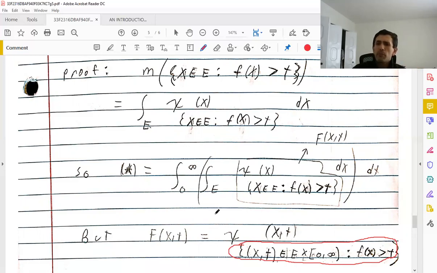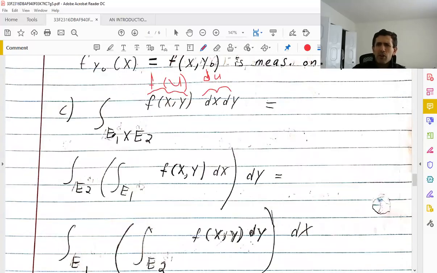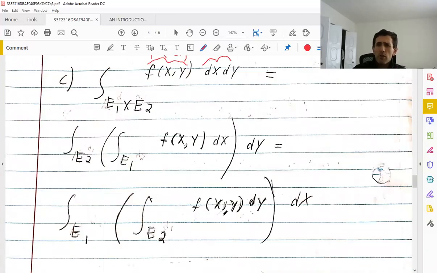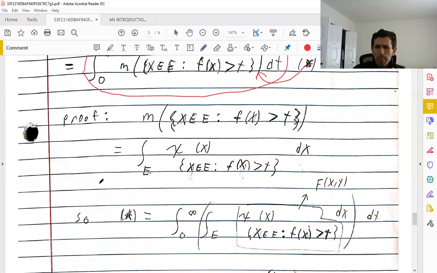We can use Fubini's theorem here. In particular, we don't even really care about this integral for this problem. We just want to know that these two are equal. Particularly instead of little f, it's big F, and instead of E1, it's E, and instead of E2, it's 0 to infinity. I think I got the order right, but anyway.